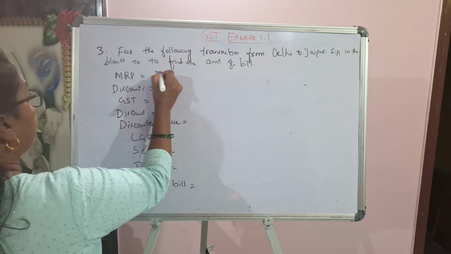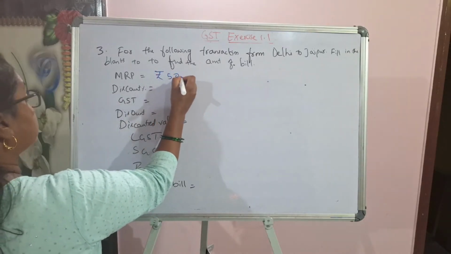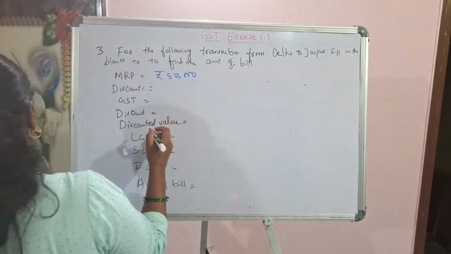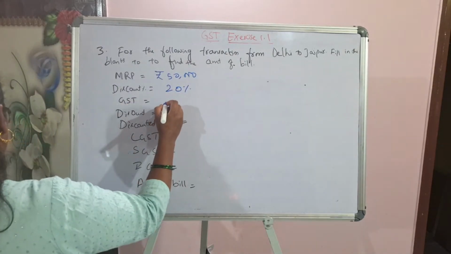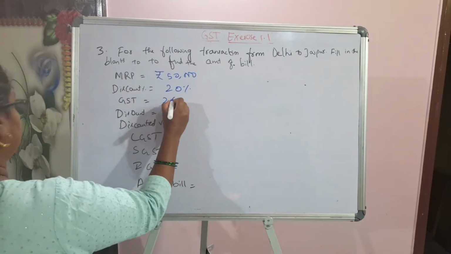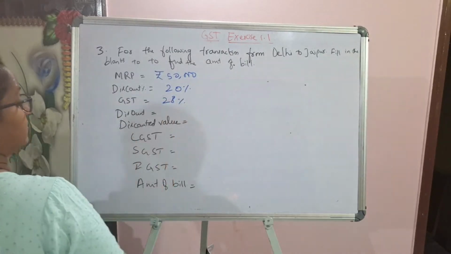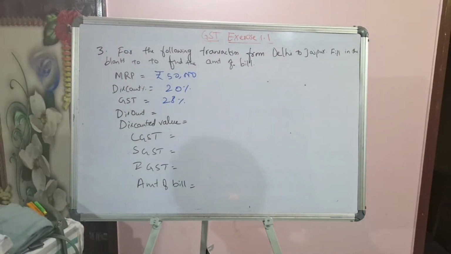So MRP they have already given, rupees 50,000, discount percent is 20% and GST is 28%. Here in this question, I'll give some hints.